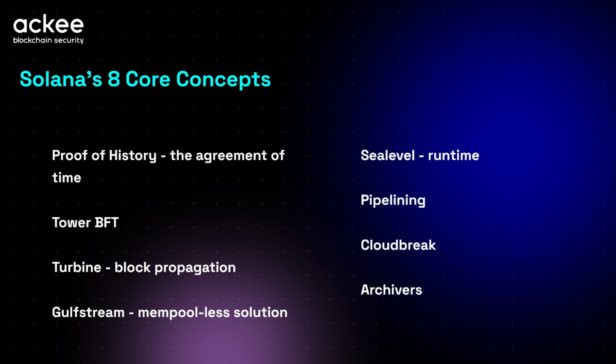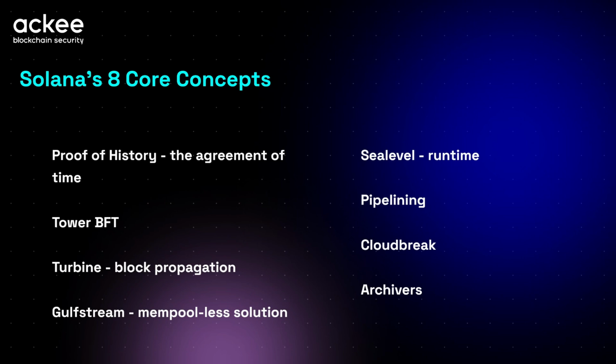Then we have Gulfstream. This is different from other chains. For example, on Ethereum, I think, you have what is referred to as the mempool, which contains unprocessed transactions. On Solana, we do not have this solution.